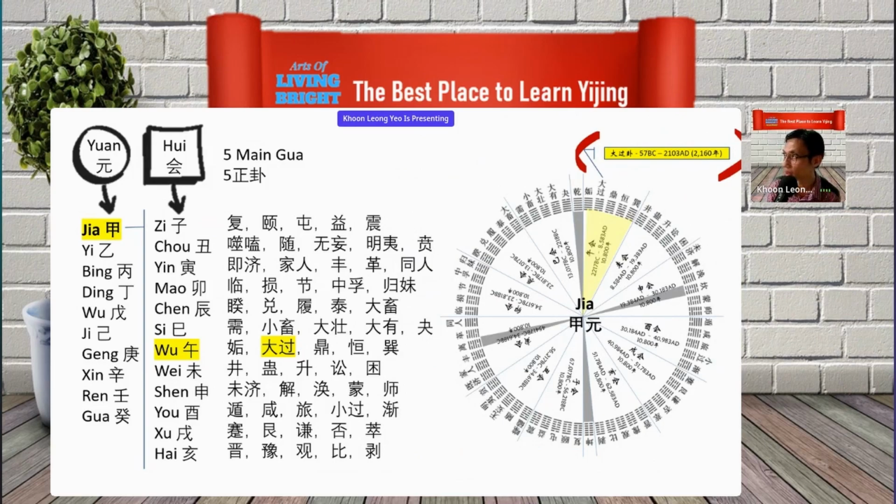Let me repeat. 大卦卦 means we are in the second hexagram of the Wu Hui, and it governs from 57 BC to 2103. Pretty soon, now it's 2022. So countable years and we're going to hit the end of 大卦卦.